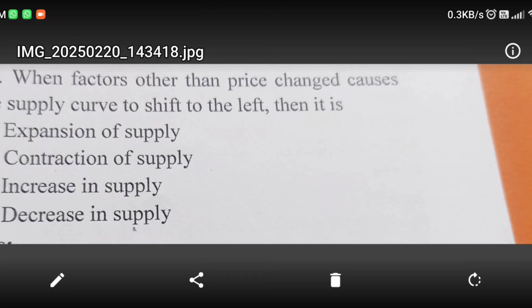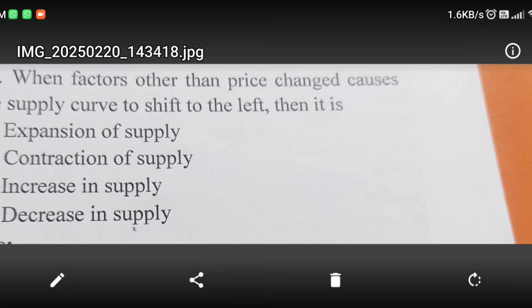When factors other than the price cause the supply curve to shift to the left, then it is D, decrease in supply. When factors other than price cause the supply curve to shift to the left, it indicates a decrease in supply.